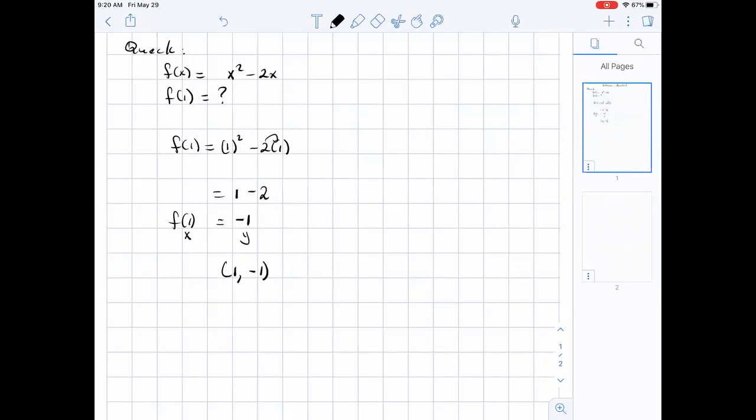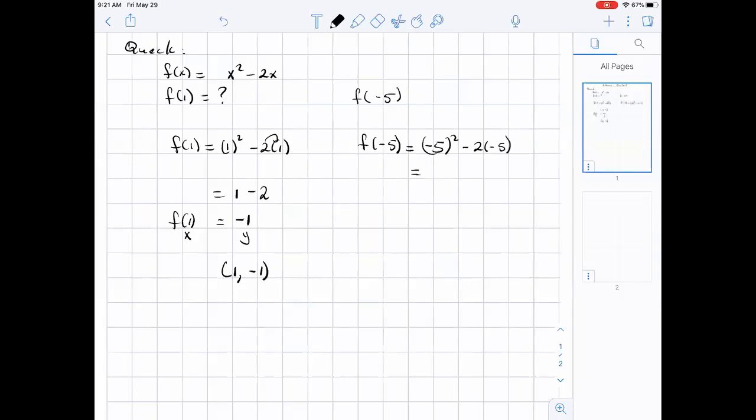Okay. Now, likewise, I can ask you, what is f of minus 5? f of minus 5 means wherever you see x, you replace it with negative 5. So negative 5 squared minus 2 times negative 5.